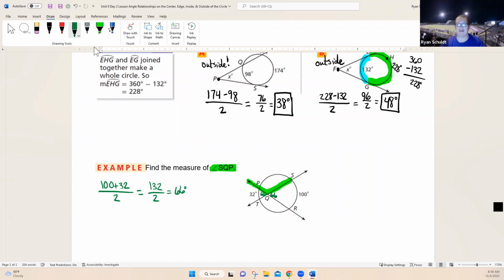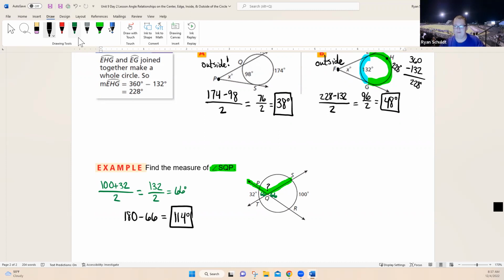Is that the angle they ask us for? No. We want to find SQP. So now, this goes back to a line. This whole thing is on a line. A line is 180 degrees. So 180 minus 66 gets us 114 degrees.